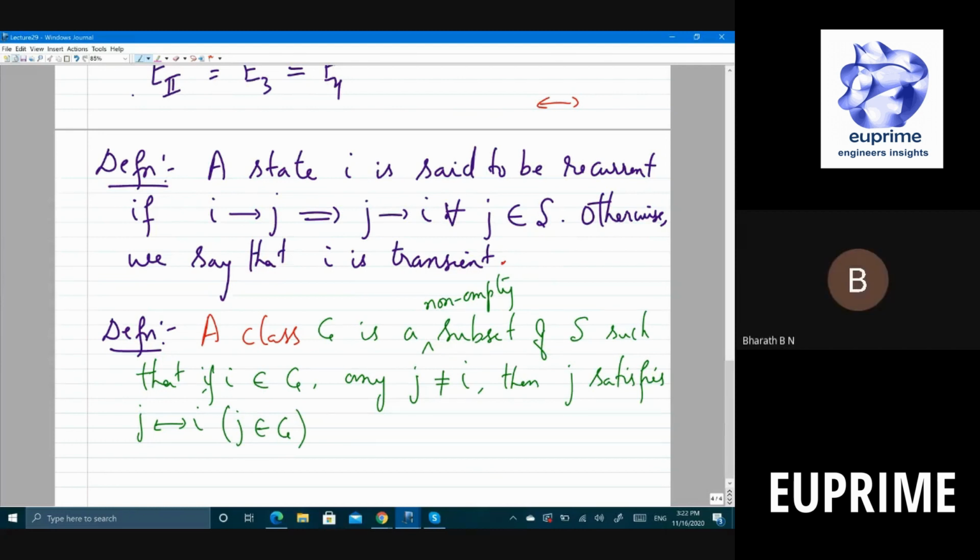They can communicate with each other. That's all, right? Then J satisfies this. So if J does not belong to C, that means I and J do not communicate with each other. Is that fine?